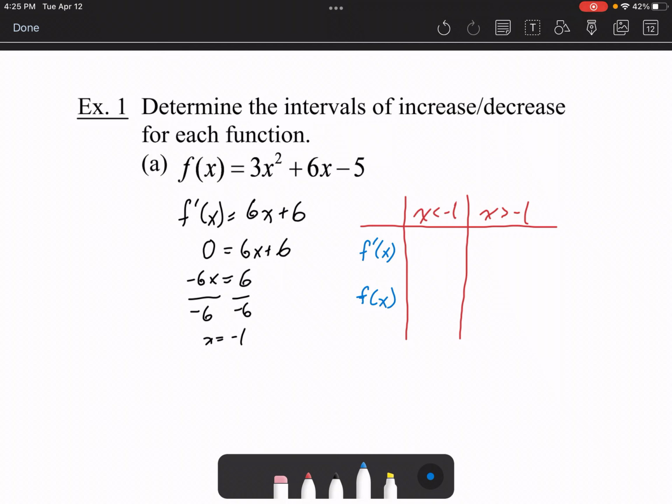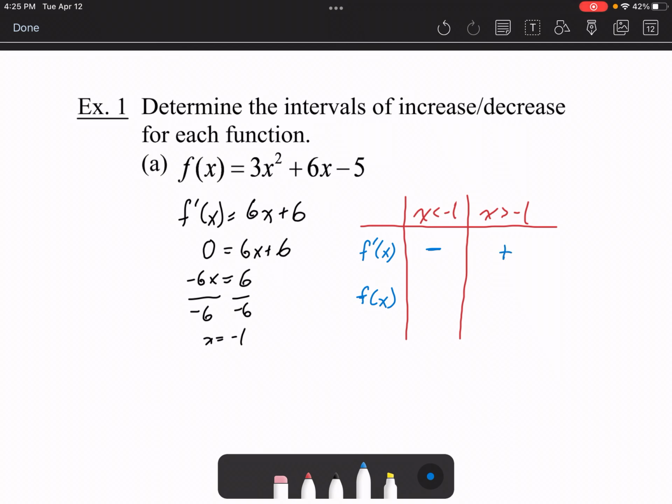So if I choose a value x less than -1, let's say x equal to -2, and I substitute it into f prime of x, I'm going to get a negative value. If I choose a value of x greater than -1, let's say x equal to 0, and substitute into f prime of x, I get a positive value.